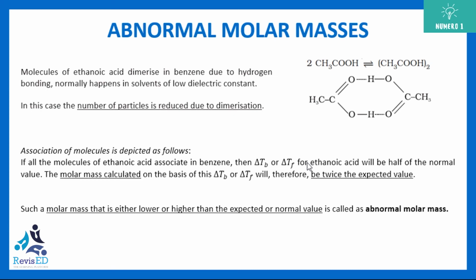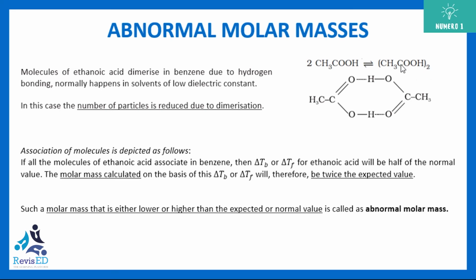Same way, this is the case of association. You put in 2 moles of CH3COOH, that is acetic acid. We will also use this compound in a lot of different cases. So what happens to this one? It bonds with itself and gets dimerized. So this is the case where you put in 2 moles of acetic acid, but you get the effect of only 1 mole of acetic acid.